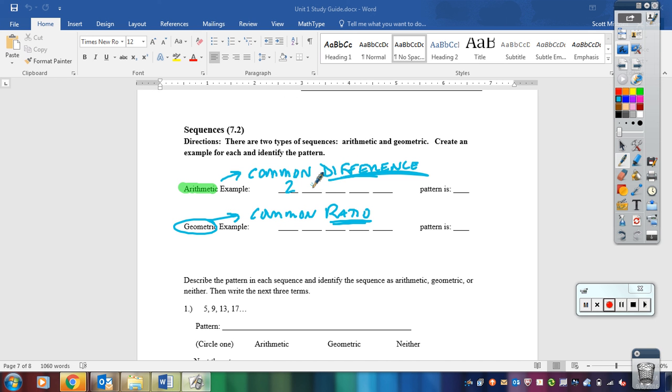If it was 2, 6, 10, 14, 18, since it's going up by 4, the common difference is 4. If it were 200, 100, 50, 25, and so on, getting smaller each time, since it's divide by 2 each time, which is really times 1/2, the common ratio is 1/2.